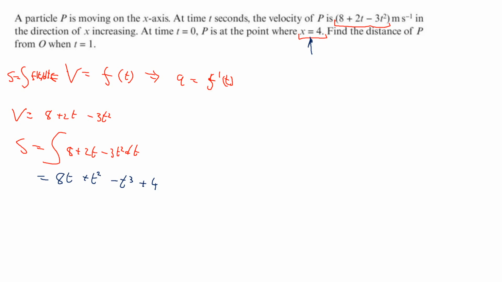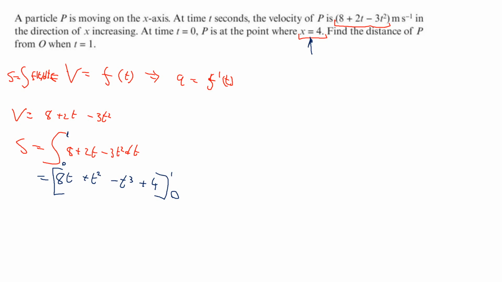Now, in this case, it doesn't really matter, right? And the reason why it doesn't is because it's between 1 and 0. So all we need to do is find the difference between this 1 and 0. Okay?